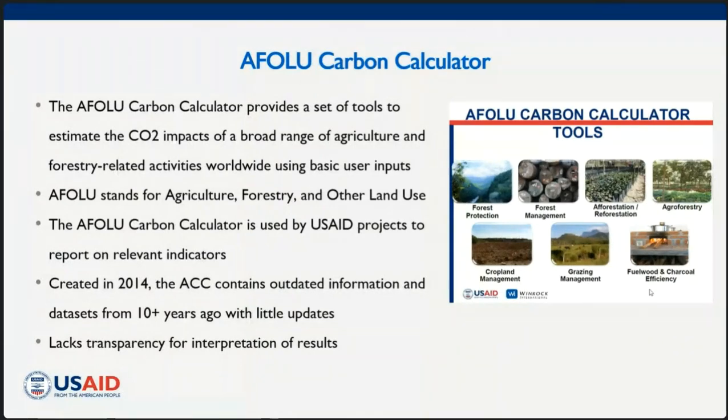And then the last point that I will make about the carbon calculator is, as much as it tries to be user friendly, with a healthy dose of criticism, I think we have seen in our own practice that sometimes there's a lack of transparency when interpreting the results of the carbon calculator.